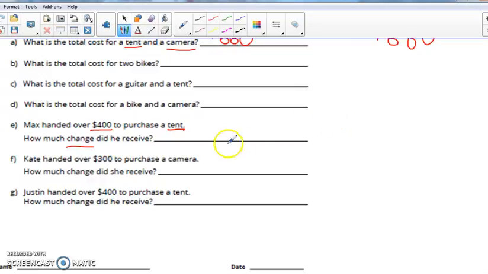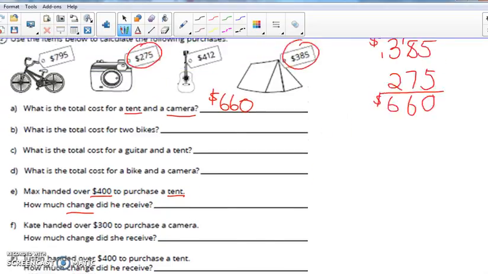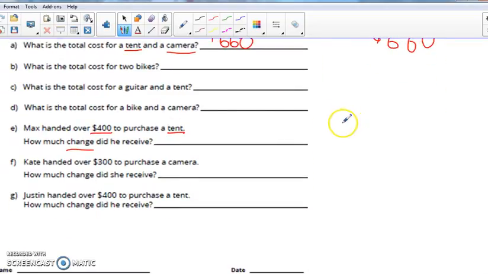method. So if we start with $385, we just want to keep adding on until we get to 400. The best way to do that is to add on the ones column to get to the next lot of tens. And of course that's $5. So now we've got $390.